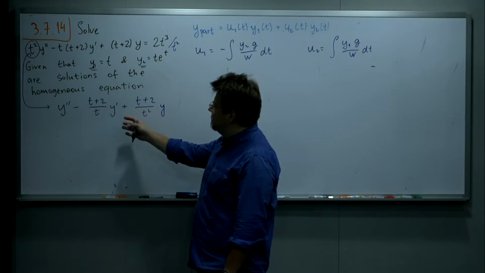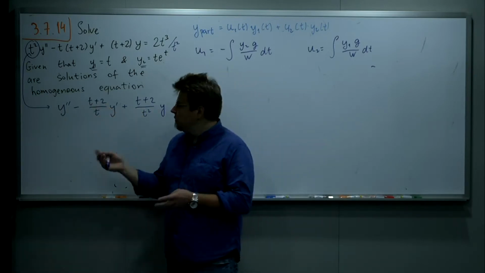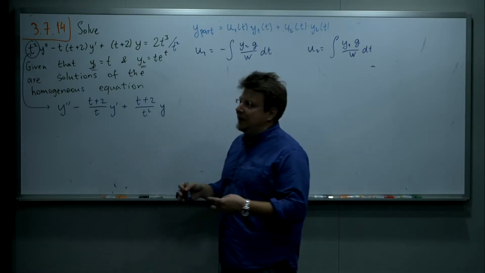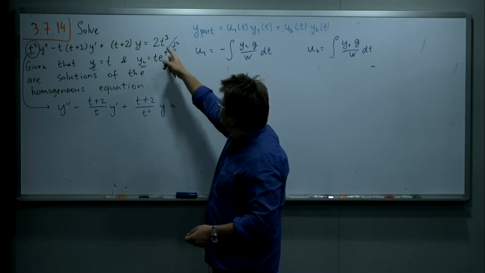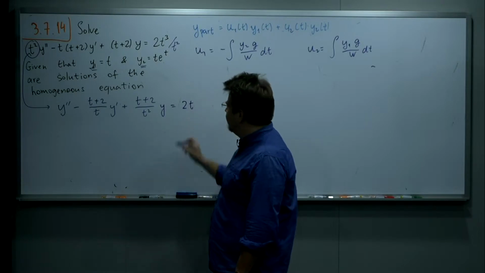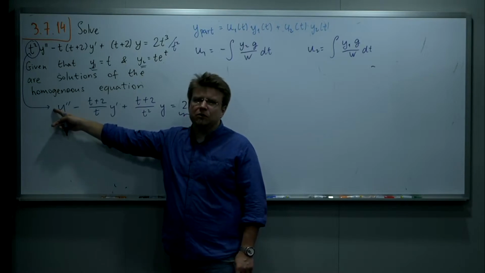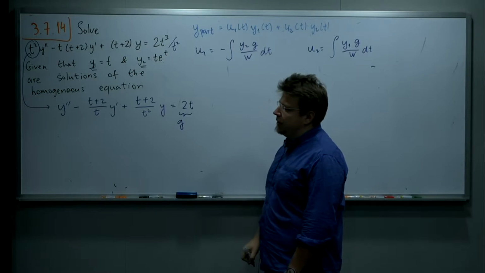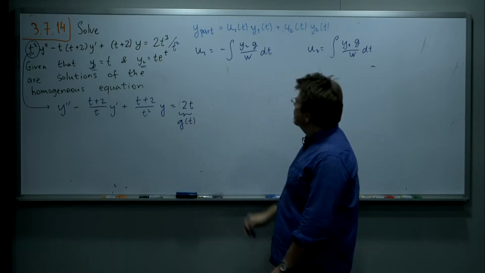Well, I guess we could try to simplify it further, like 1 plus 2 over t, but I'm not sure which form is going to be more convenient for further calculation, or even if we need to do it at all, so I'll just leave it as is. And 2t cubed over t squared is 2 times t. Okay? So now our differential equation is in the right form, the coefficient at y double prime is 1. So we can apply variation of parameters, and now the right hand side is g of t. Now this is g.